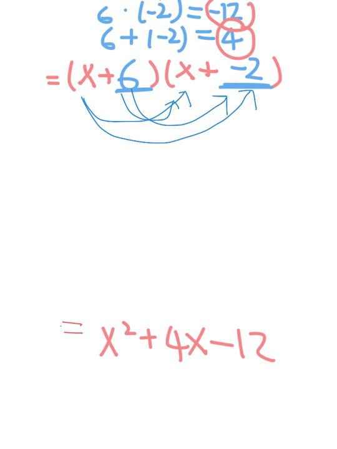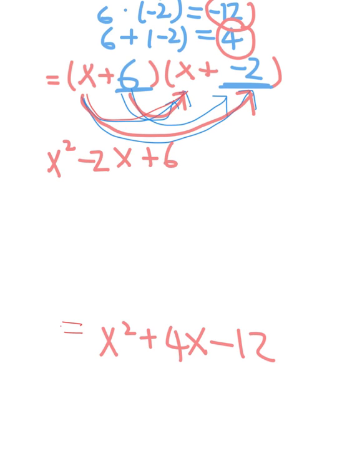Okay, it's getting a bit messy, but you'll see. So x times x. X times x is what? X squared. And x times minus 2 is just simply -2x. And then 6 times x is 6x. And then 6 times -2 lastly is -12.